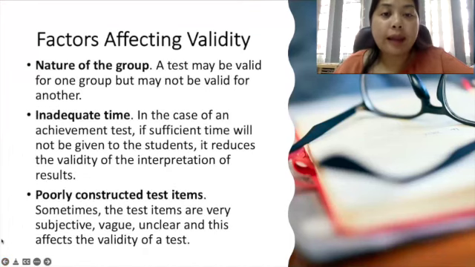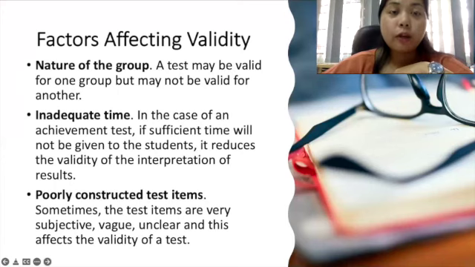Nature of the group. A test may be valid for one group but may not be valid for another. It may be valid for one culture but not to another culture. Inadequate or lack of time. In the case of an achievement test, if sufficient time will not be given to the students, it reduces the validity of the interpretation of results.